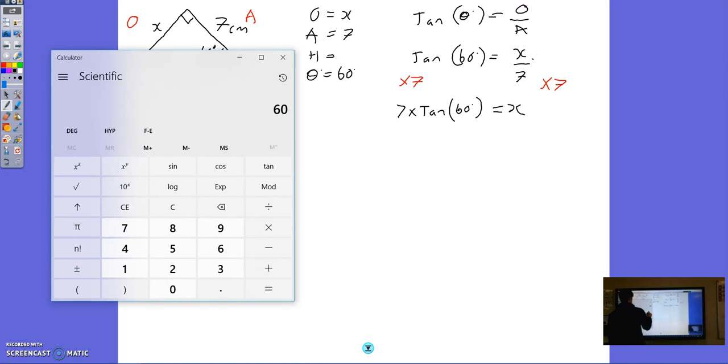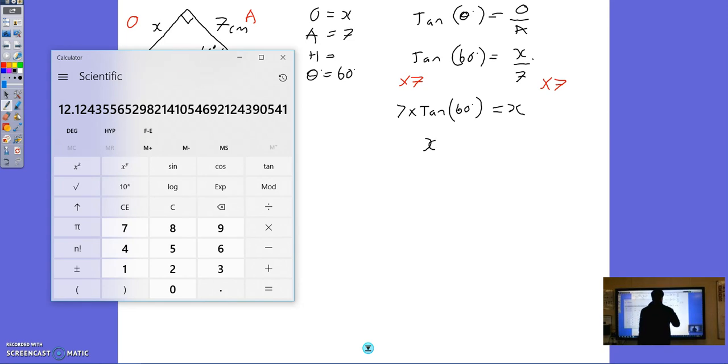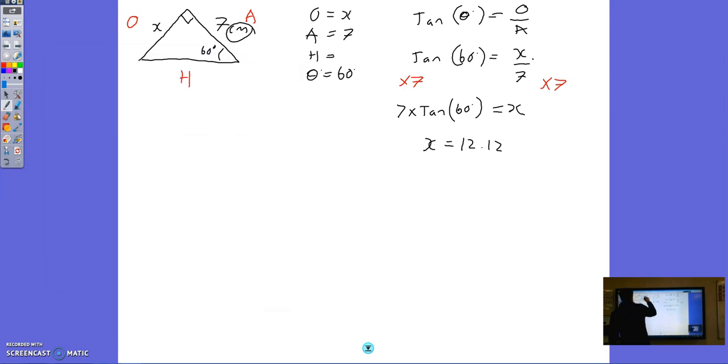Tan of 60 degrees times 7 is 12.12. So I'm going to have a final answer of x is equal to 12.12 centimeters. And that is how you apply your trigonometry ratios to solve for the unknown side of a right angle triangle. Good luck.